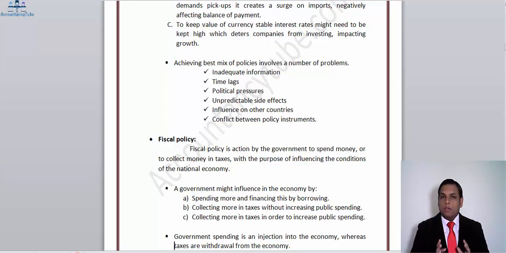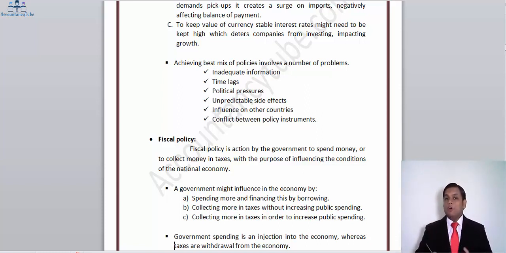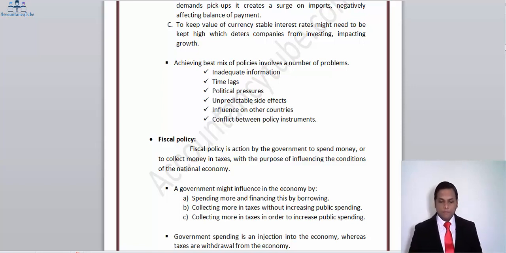So most of the countries around the world import their toys from China. Toy prices will start to increase because of economic decisions taken by a government which is not even their own country's government. So irrespective of which part of the world you live in, there will always be an impact of the economic policy of one country on another. We live in a global village now. Then there is conflict between policy instruments, as I've just explained to you earlier.